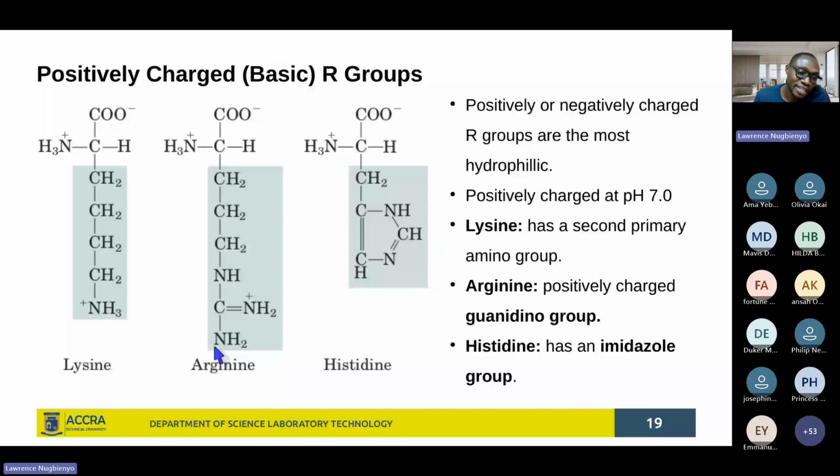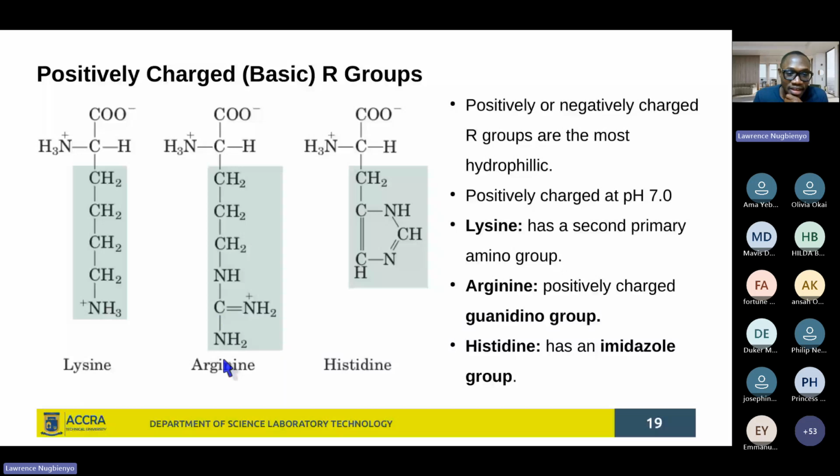You realize that the guanidine molecule has a central carbon on which you have 3 NH2s. You will see that. So that's why it's being referred to as a guanidino group.